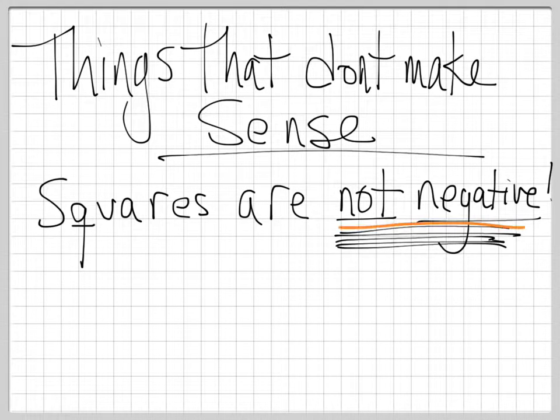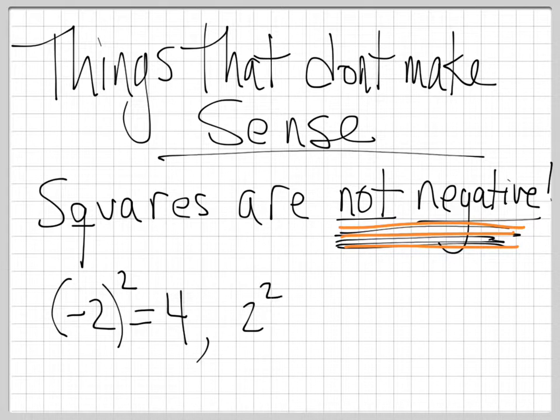Let's even add a couple in color. Remember, negative 2 squared was 4, and 2 squared was 4. So if you start with a negative number and you square it, you get a positive number. If you start with a positive number and square it, you get a positive number. You don't get a negative number.